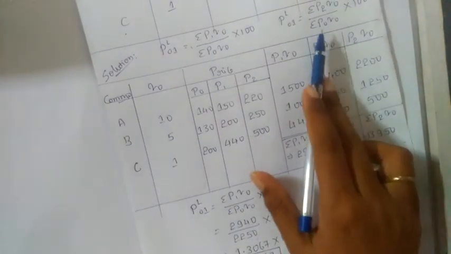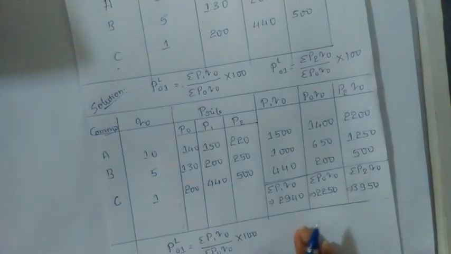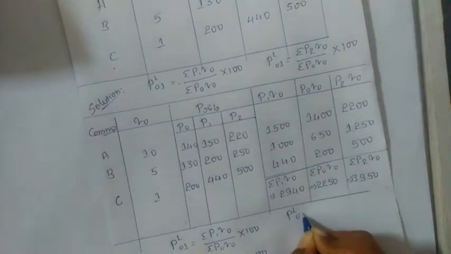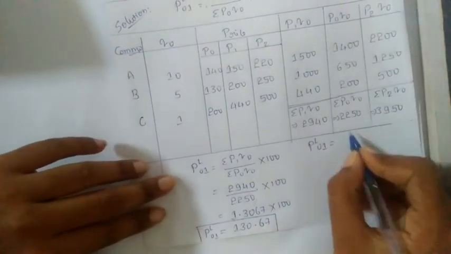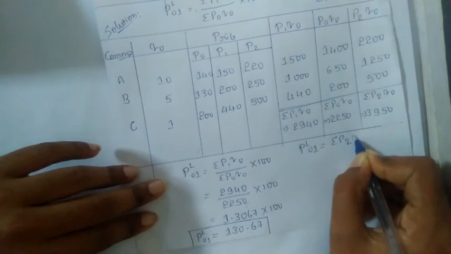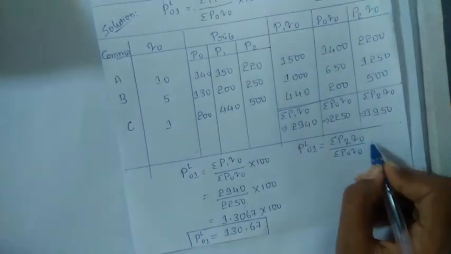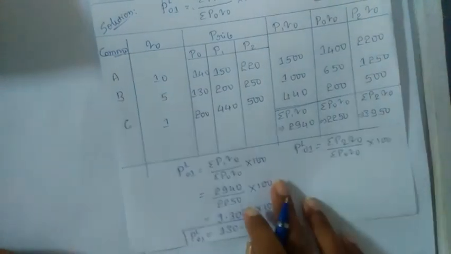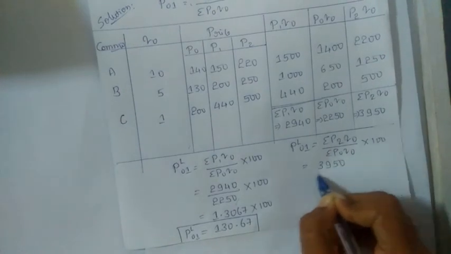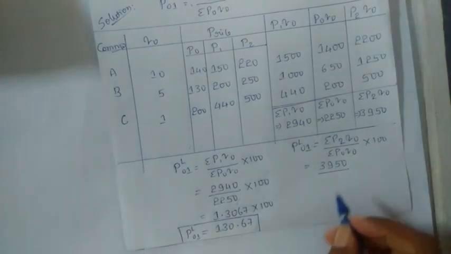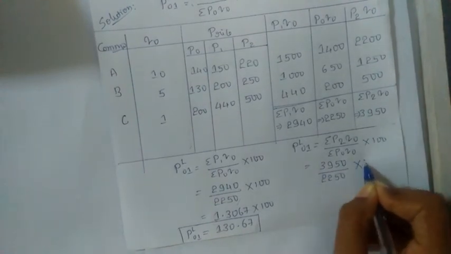Next, another one is summation P2 Q naught divided by summation P naught Q naught. Here, Laspeyres price index number is equal to summation P2 Q naught divided by summation P naught Q naught into 100. So write the values. P2 Q naught value is 3950 divided by 2250 into 100.